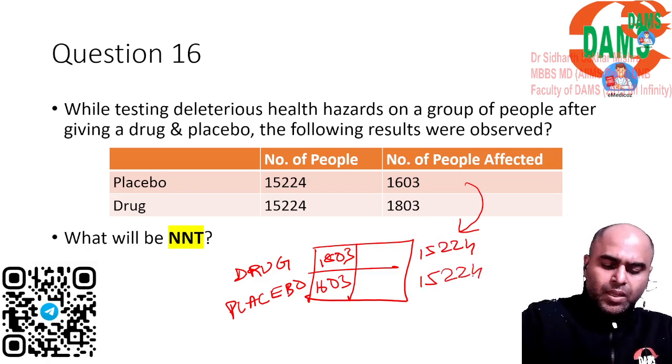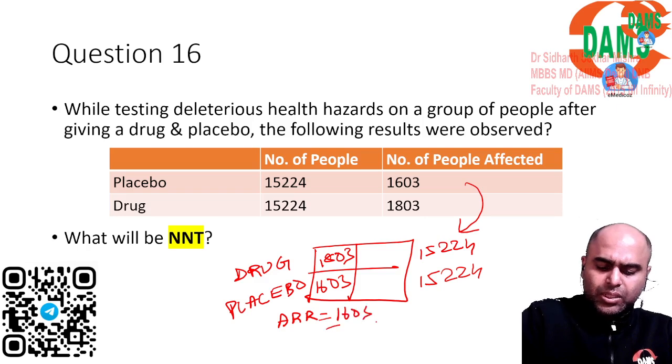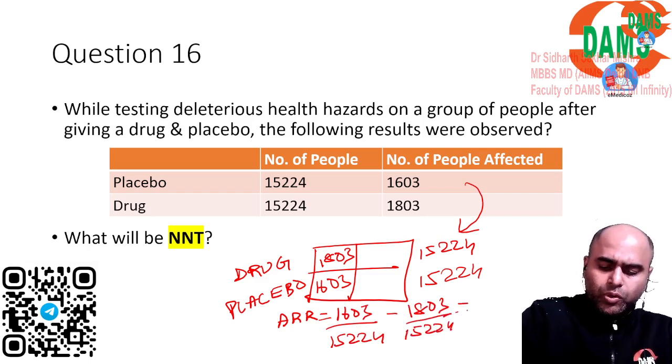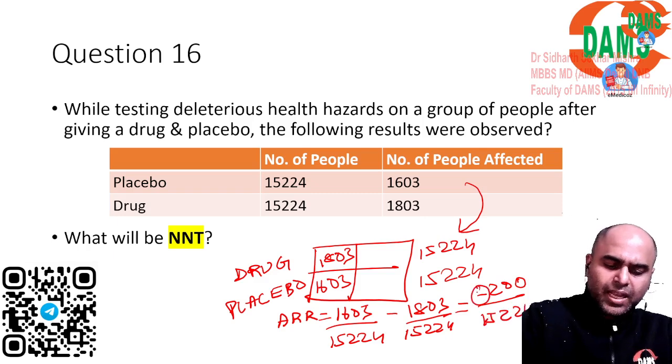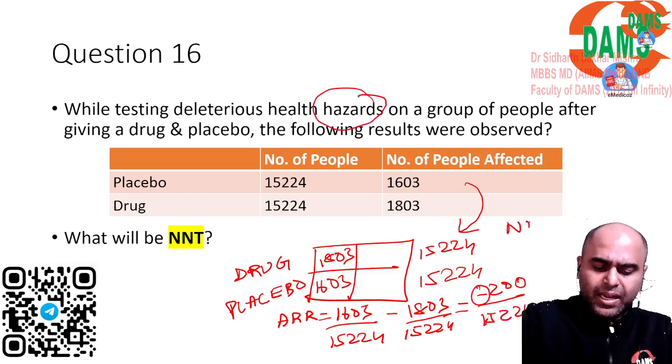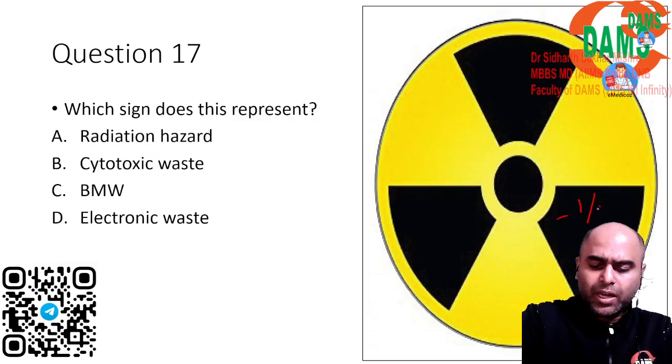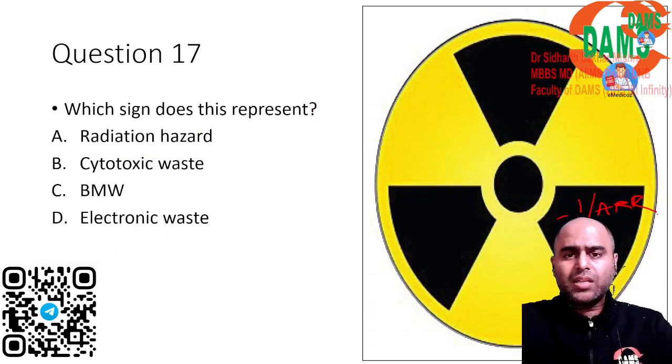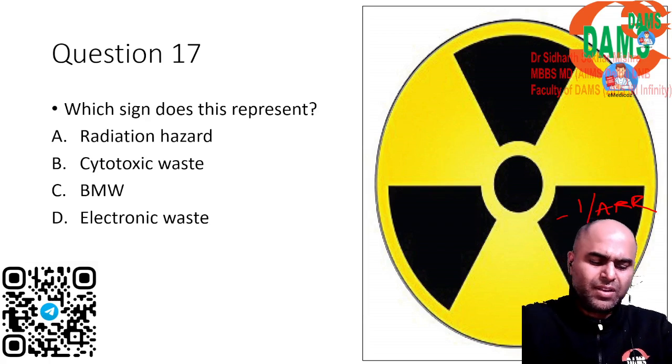Now ARR, absolute risk reduction, is 1603 by 15224 minus 1803 by 15224, which is minus 200 by 15224. Minus sign because it is health hazard. NNT, number needed to treat, is 1 upon ARR. So my answer would have come out as around 76 or 77.